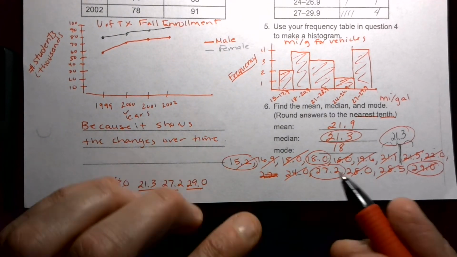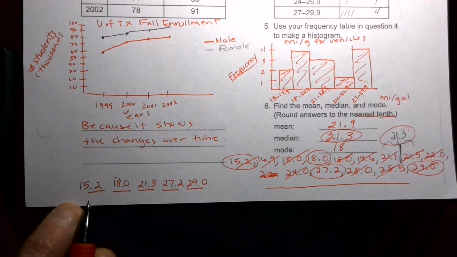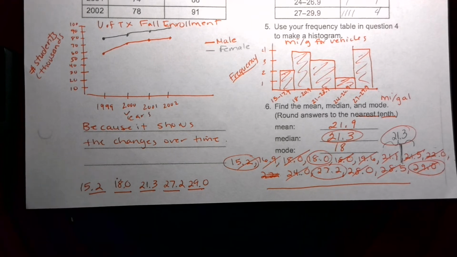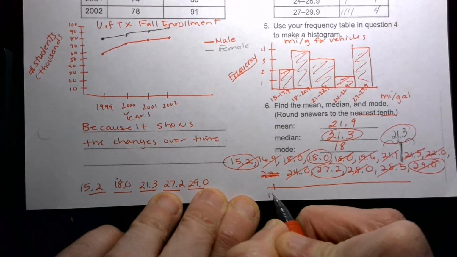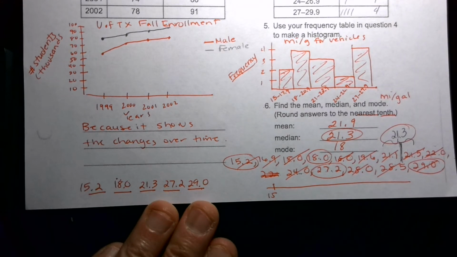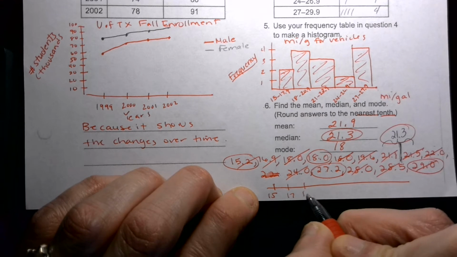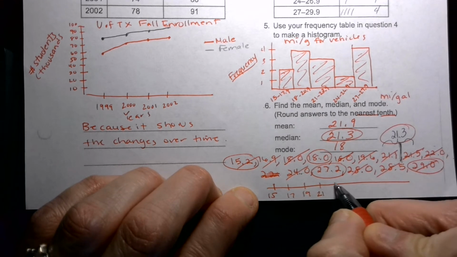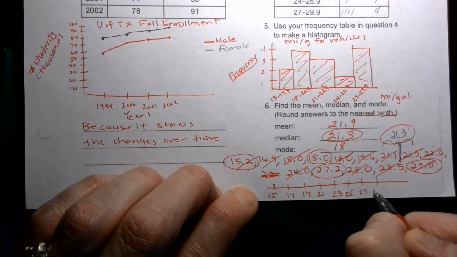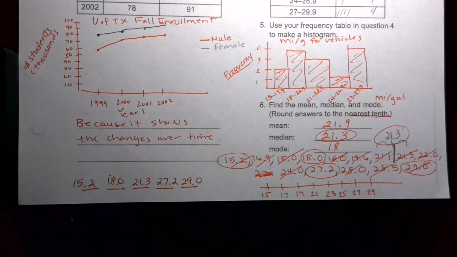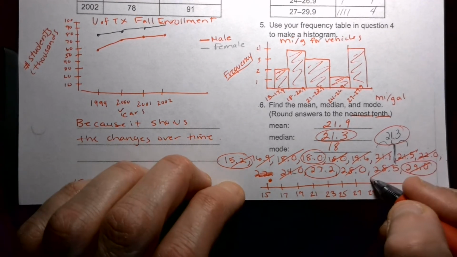All right, so let's put it on a plot. So we got to go 15.2 all the way up to 29. I'll do 17, 19. You'll have more room than this on the test. 21, 23, 25, 27, and 29. So 15.2, you put a dot. 29, you put a dot.